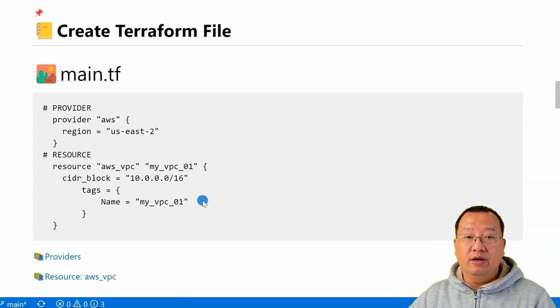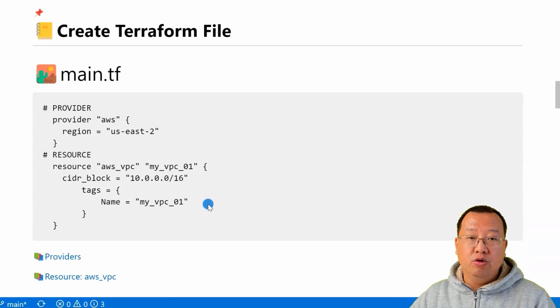The tag parameter is used to assign a name to the VPC, which will be my VPC01 in this demo. When you run the Terraform apply command, Terraform will read this code and create a VPC resource in the US East 2 region with the specified CIDR block and name.